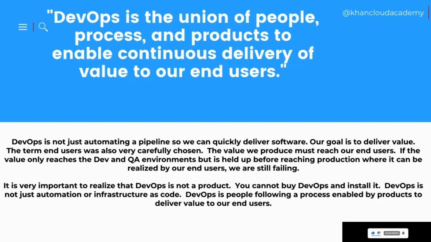If the value only reaches the dev and QA environments, but is held up before reaching production where it can be realized by our end users, we are still failing. It is important to realize that DevOps is not a product. You cannot buy DevOps and install it. DevOps is not just automation or infrastructure as code. DevOps is people following a process enabled by product to deliver value to our end users.